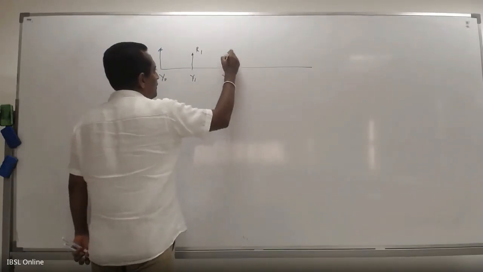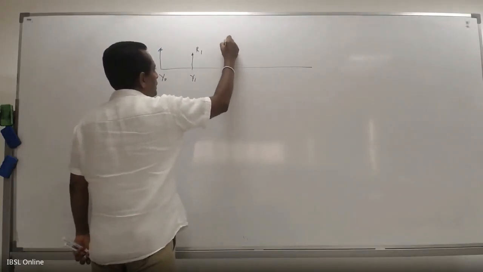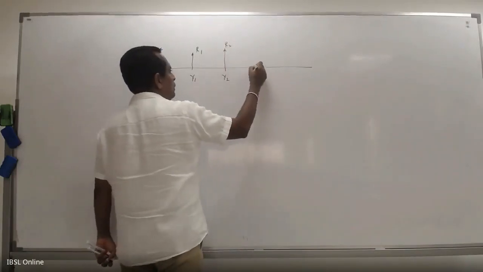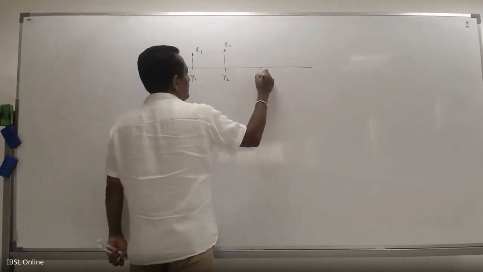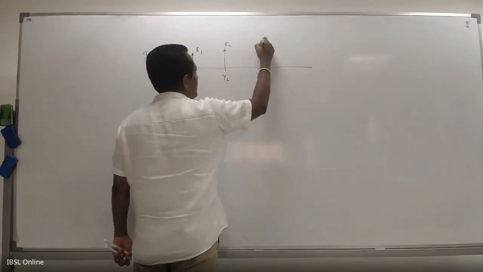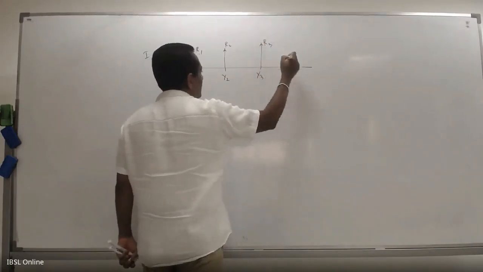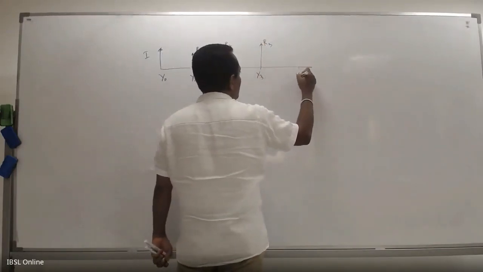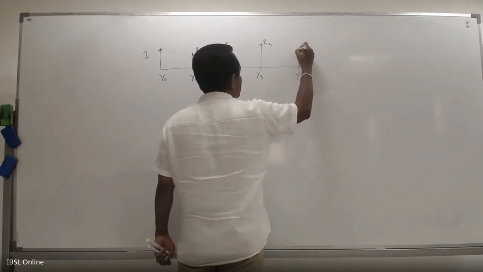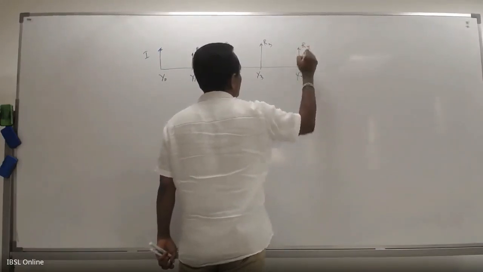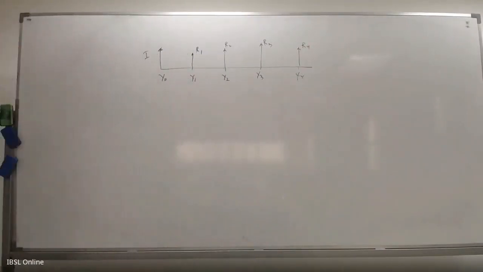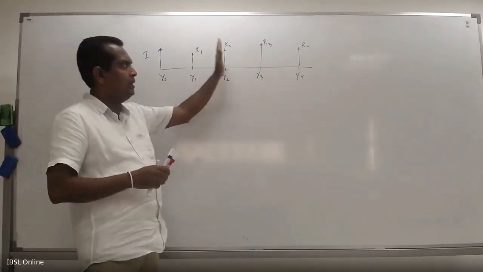At Y2 you have return 2. At Y3 you have return 3. At Y4 you have return 4. Right? So these are of different timelines.